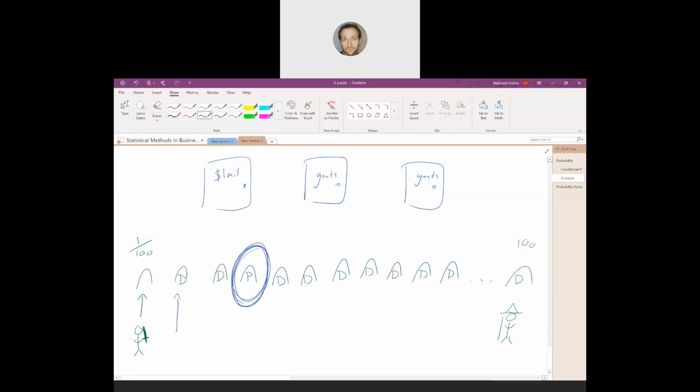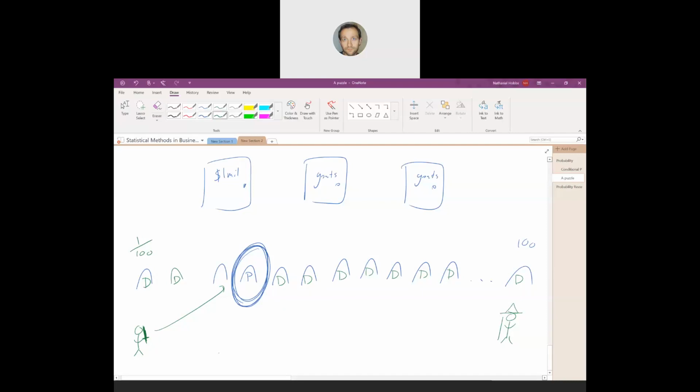If he were to choose this one, well, then a dragon would have been revealed in the second cave. If he chose the third cave, then the dragon would have been revealed in the second cave. In all of these cases, all of the ones with the dragons, changing your mind makes sense. Okay, so that's another way of thinking about it.